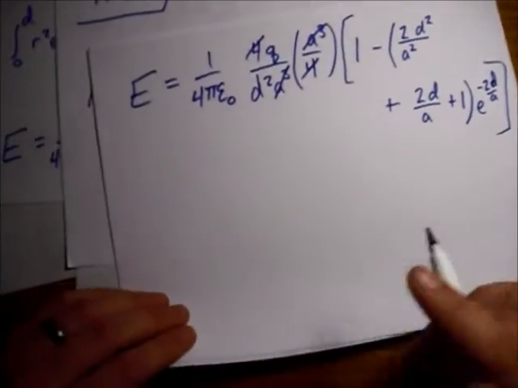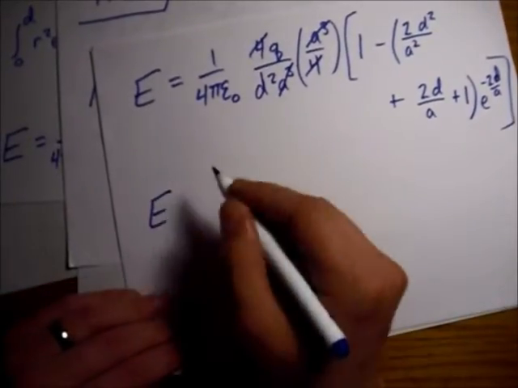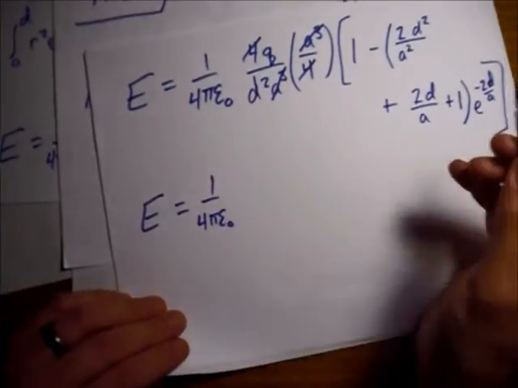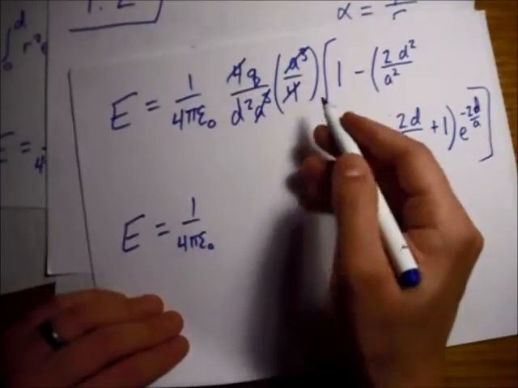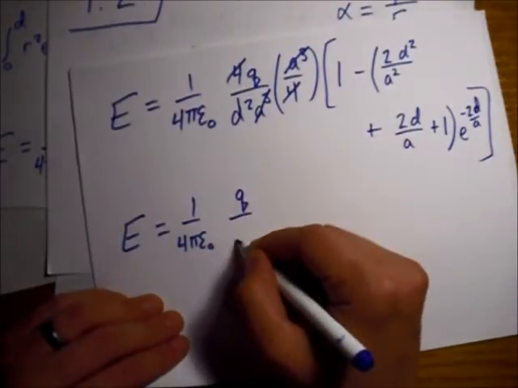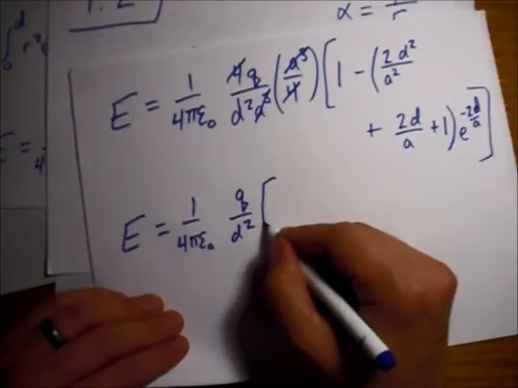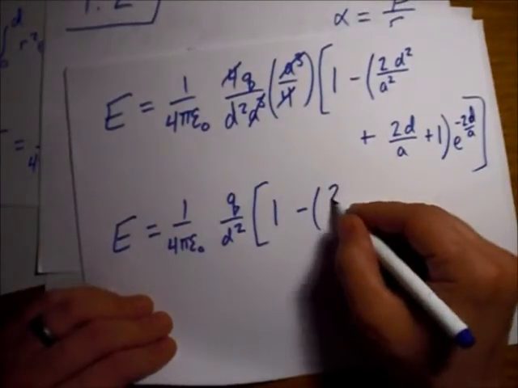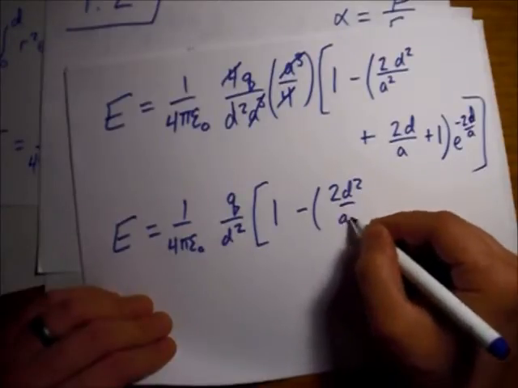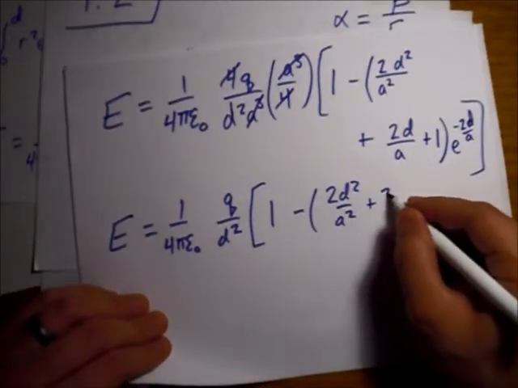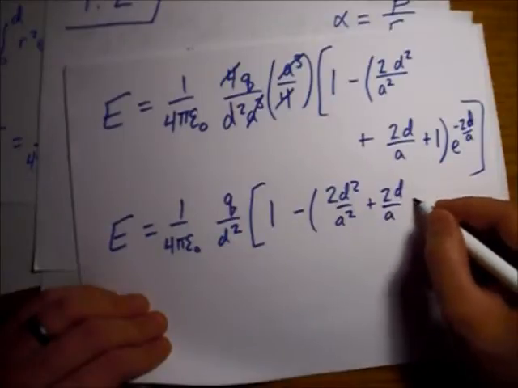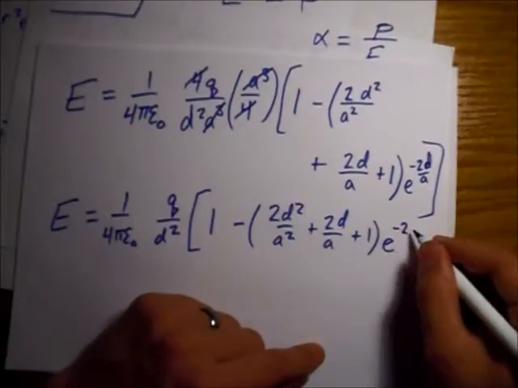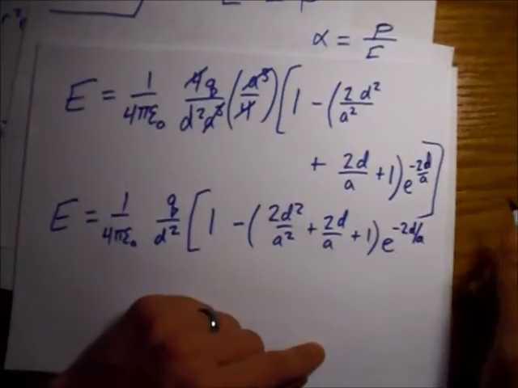Okay, let's write this out one more time just to clean it all up. We have a 1 over 4 pi epsilon naught, as always. All that's left up here is a q over d squared. And then we have a 1 minus 2d squared over a squared, plus 2d over a, plus 1, and then an e to the minus 2d over a.